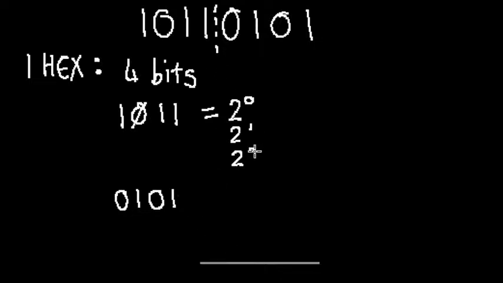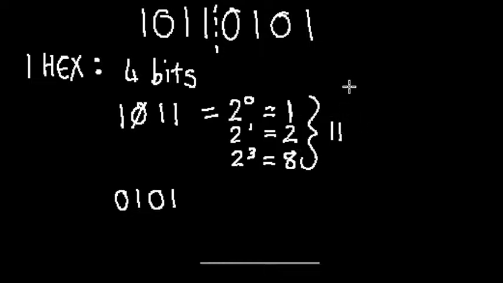Yeah, it's 2 to the power of 3. So 2 to the power of 0 is 1. 2 to the power of 1 is 2. 2 to the power of 3 is 8. So we get an answer of 11.